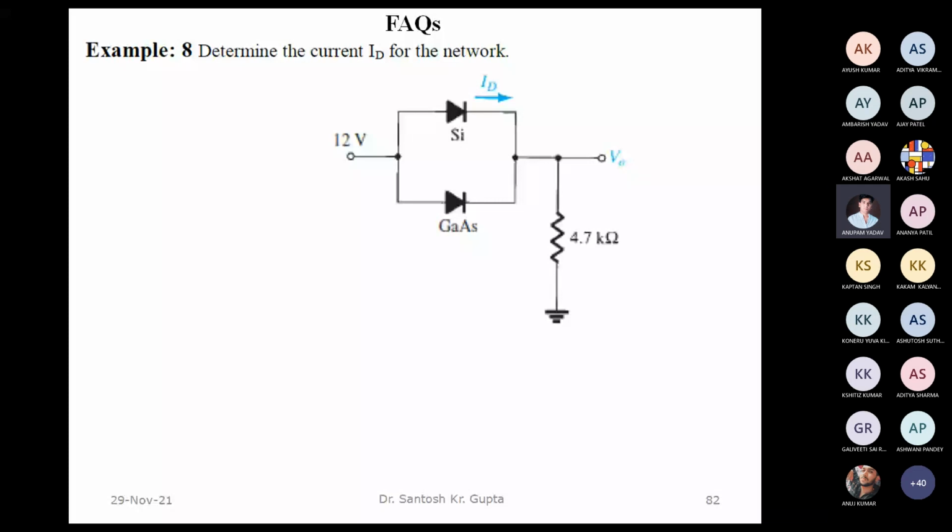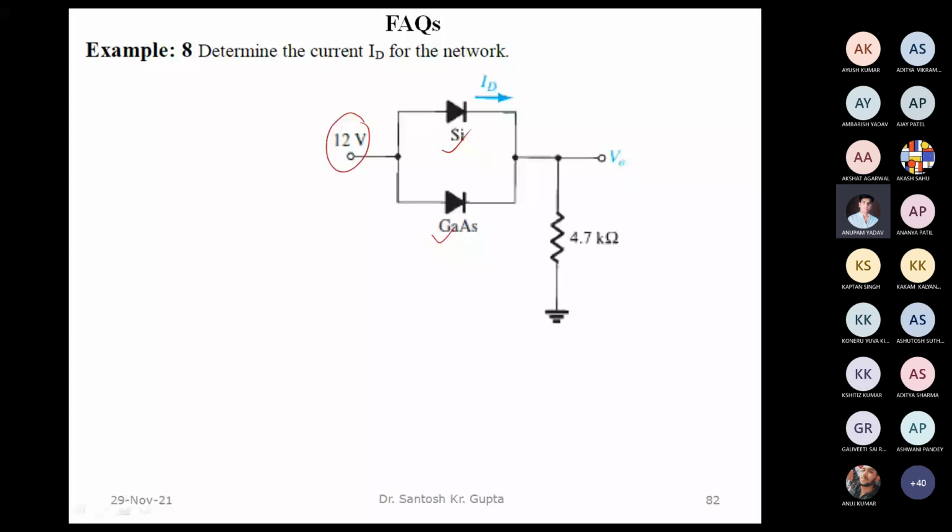A similar case is shown over here, in which silicon and gallium arsenide, two diodes, are connected in parallel and a 12 volt source is applied.